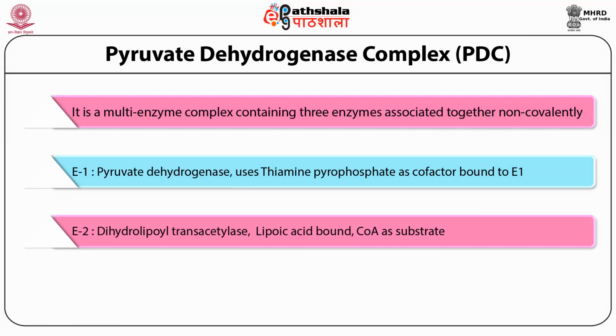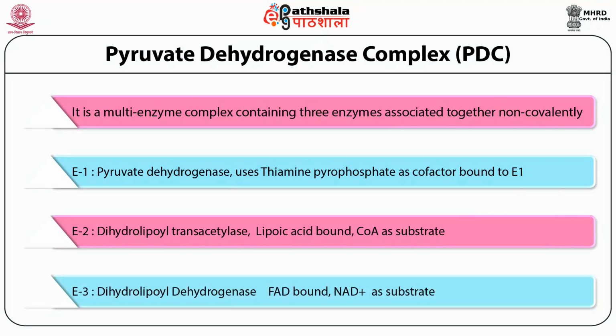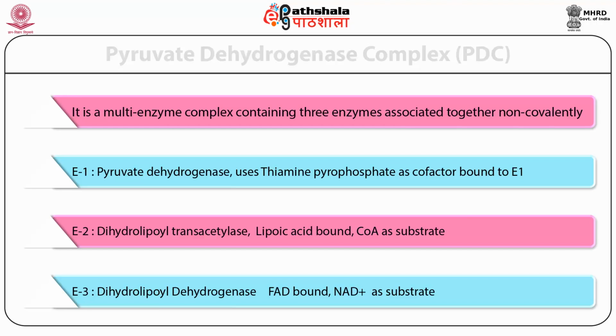Enzyme 2, dihydrolipoyl transacetylase, has lipoic acid bound coenzyme as substrate. And enzyme 3, dihydrolipoyl dehydrogenase, has FAD bound, with NAD plus as substrate.